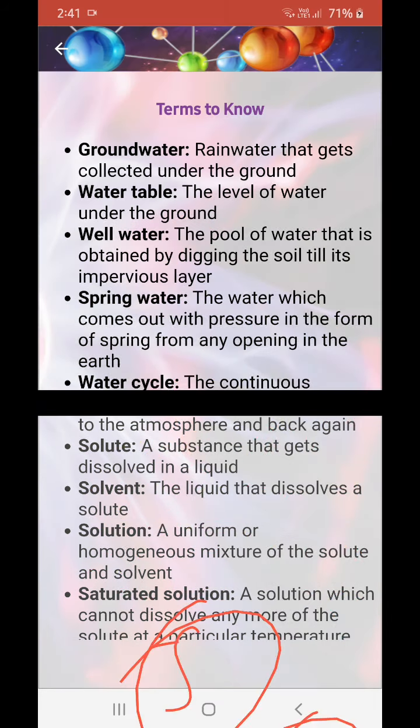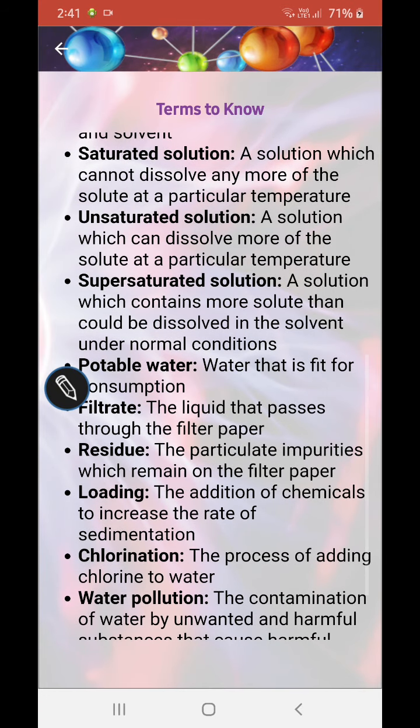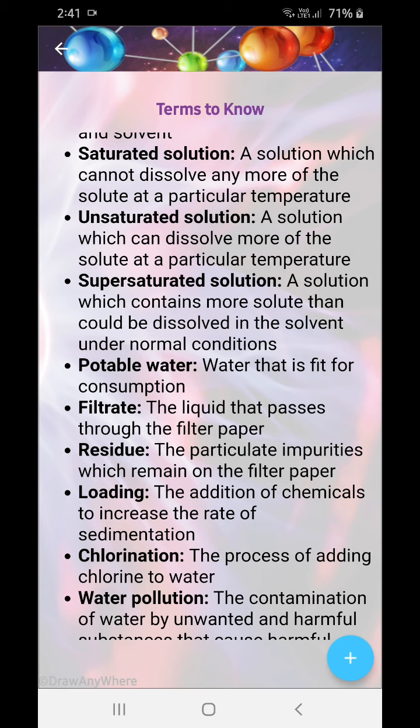Okay. Now another thing. Now what is a saturated solution? A solution which cannot dissolve any more of a solute at a particular temperature. Now you will see that suppose you are dissolving salt in water, you can mix more and more solute.